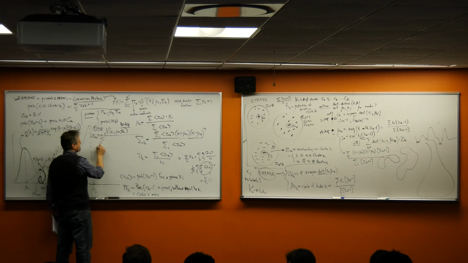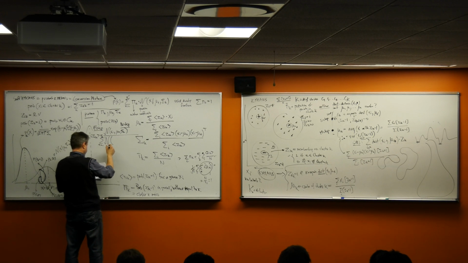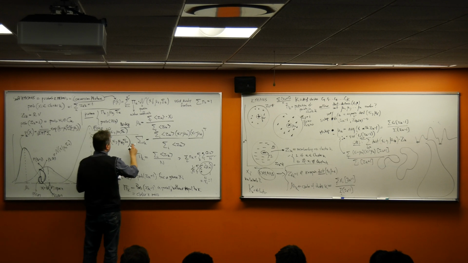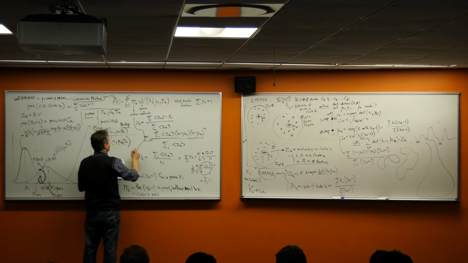So this t goes from 1 to k of the same thing: x_i, mu_t, sigma_t. So this is the Gaussian function. And what I have here, I multiply with pi_k.